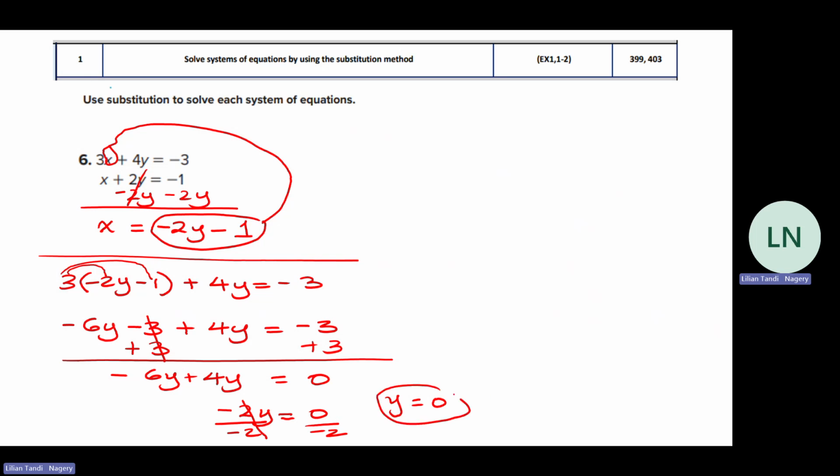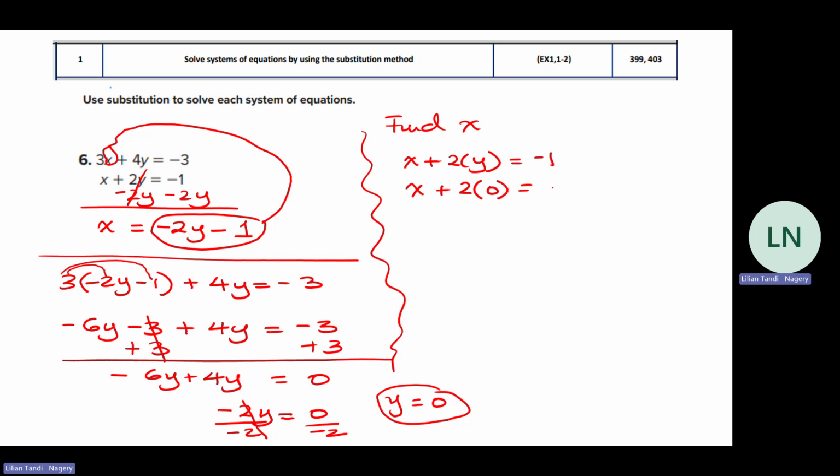Now, if I find y now, I will find x. So to find x, I will use the one with the fewer variables, with the fewer values. So x plus 2 parentheses y equals negative 1. X plus 2 multiply 0 equals negative 1.